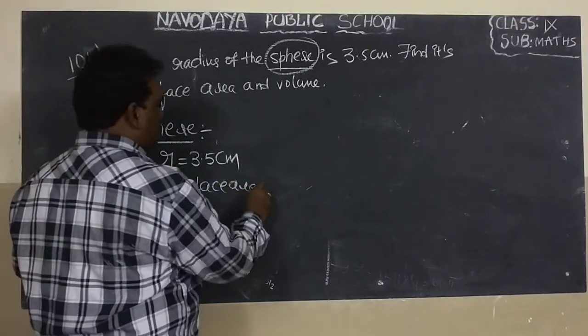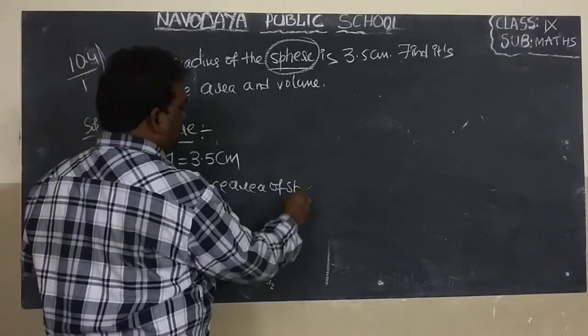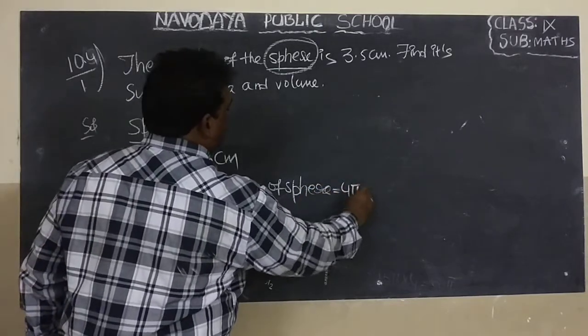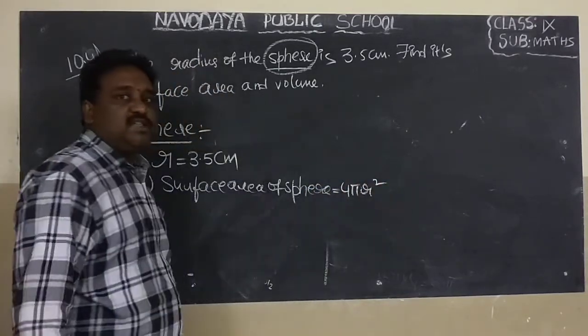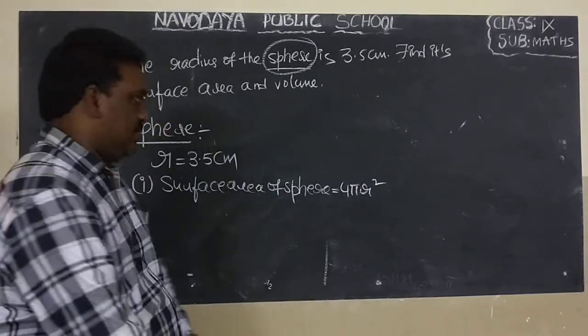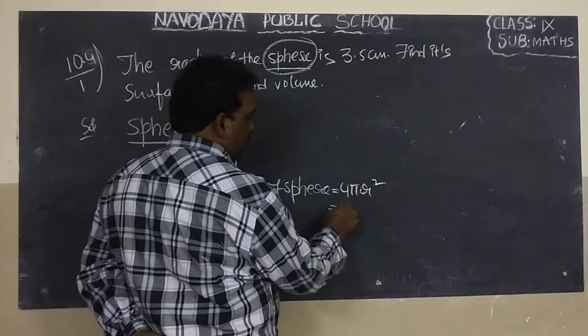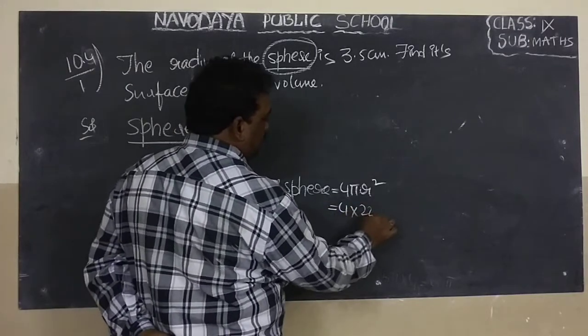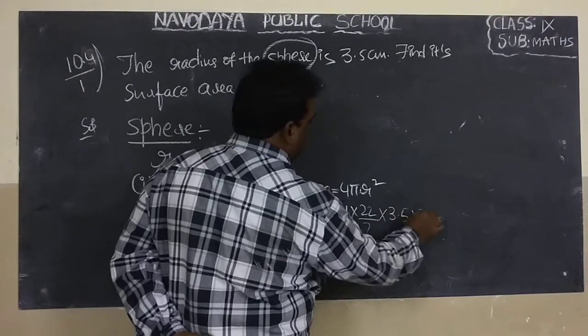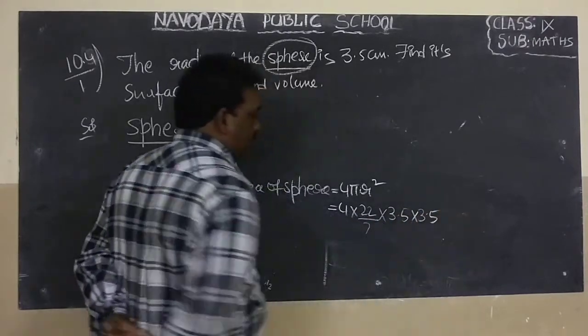What is the surface area of sphere? 4 pi r square. Surface area of sphere is 4 pi r square. 4 into pi value 22 by 7, r square 3.5 into 3.5.